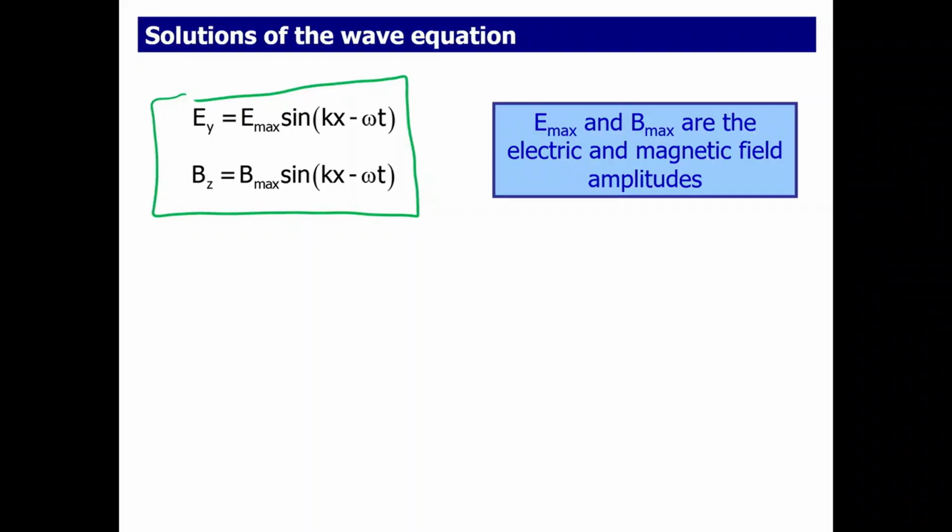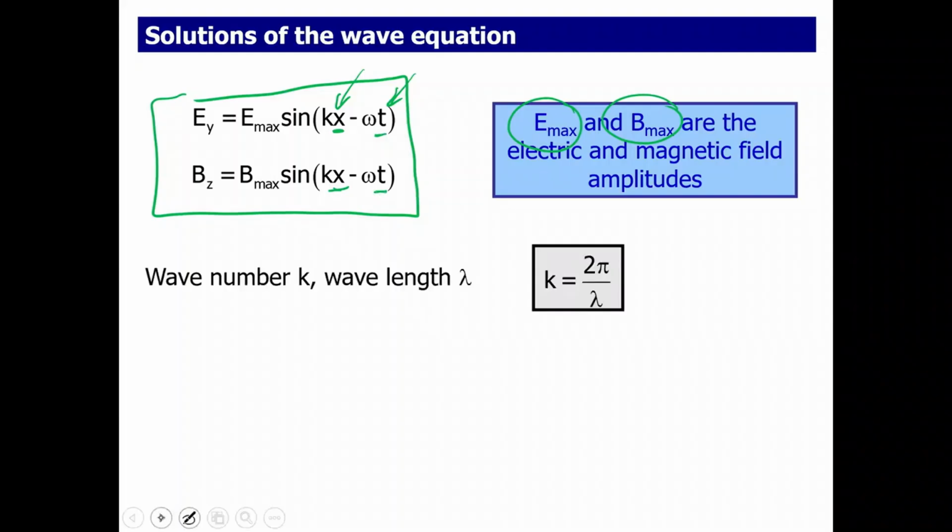So these describe the sinusoidal functions of those waves as they vary in space and time. So these E max and B max are the amplitude of the waves, and they vary both in terms of x and t.